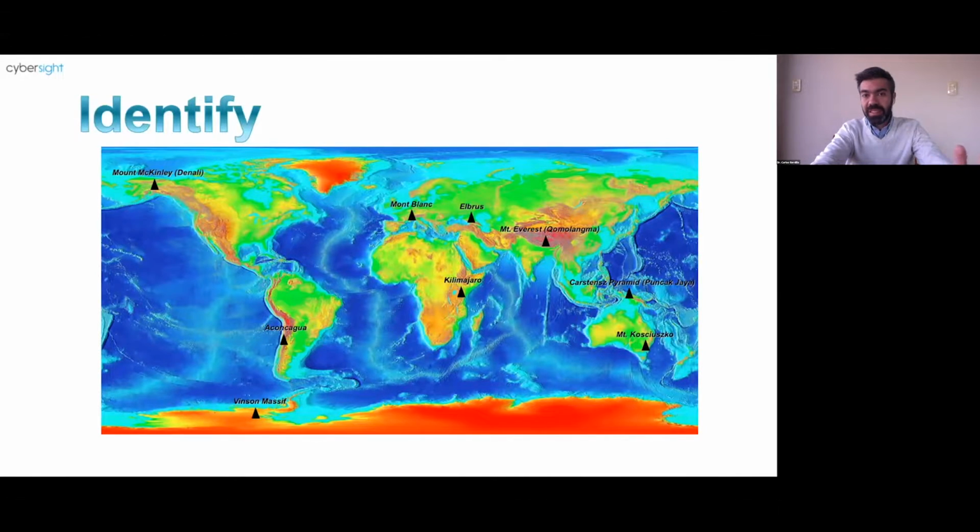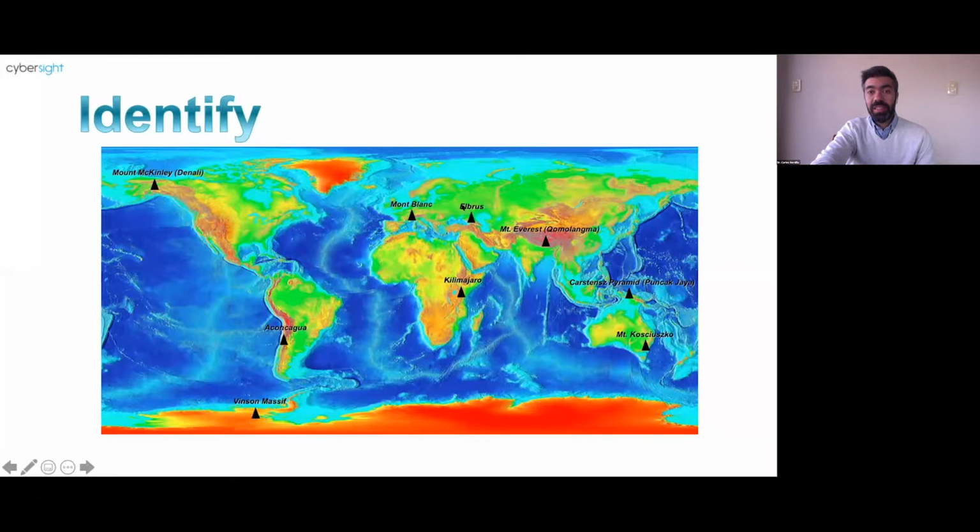I put this topography map of the world where you can see the different mountains and the highest mountains worldwide. I remember when I was studying topography, it was very helpful for me to understand which was the hot part of the topography and the highest.